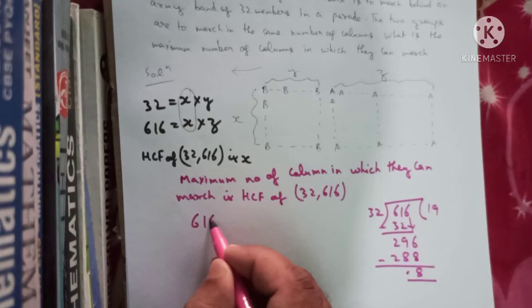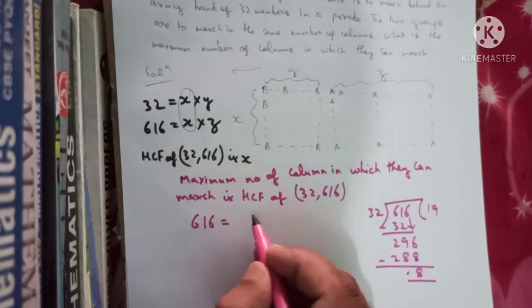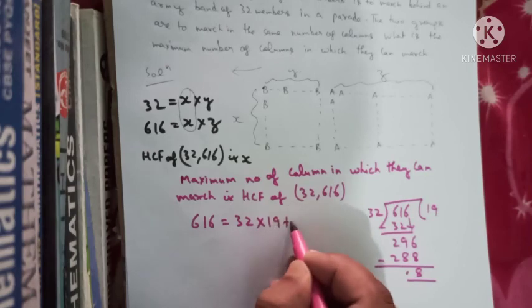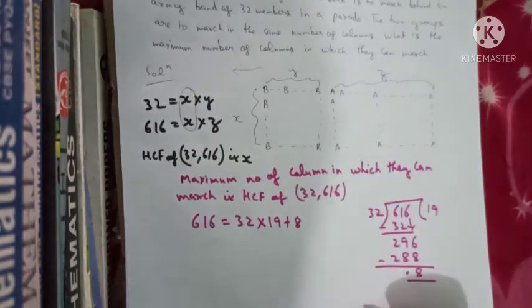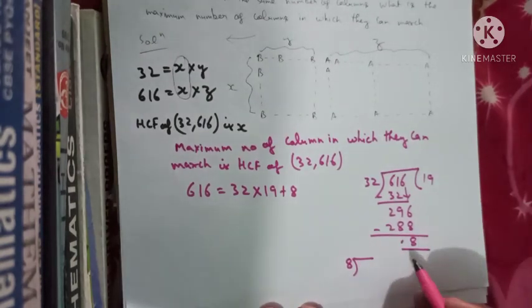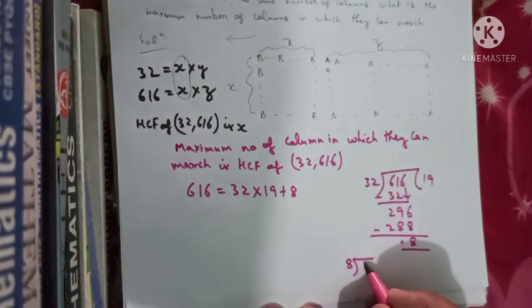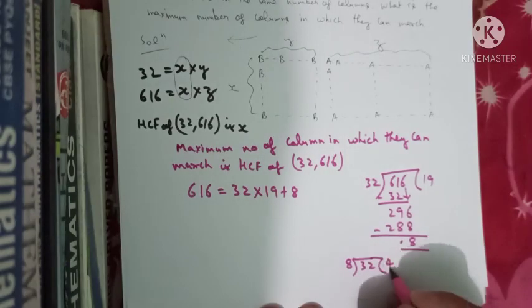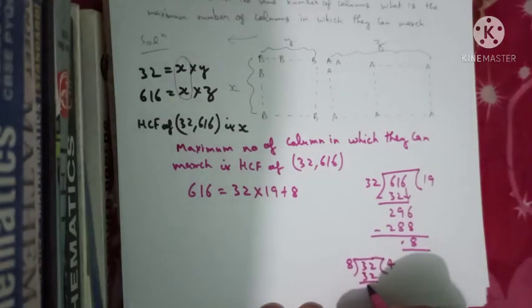So first, dividend 616 is equal to divisor 32 into quotient 19 plus remainder 8. Now again in the second step, the remainder will become the divisor, and the divisor of the previous step will become the dividend. 8 times 4 is 32, so 0 is the remainder.